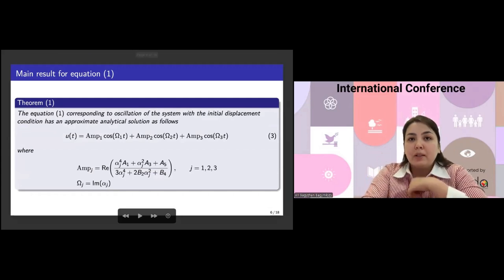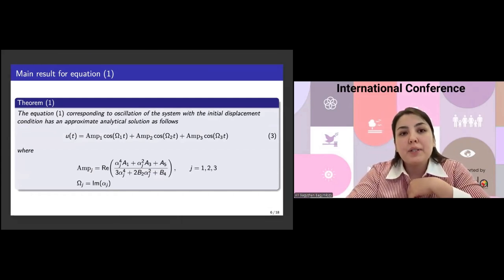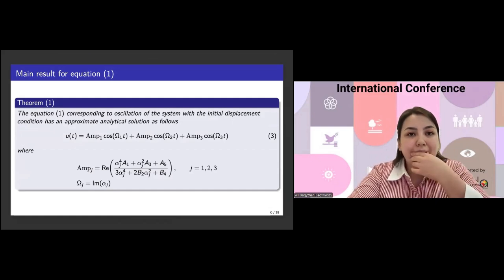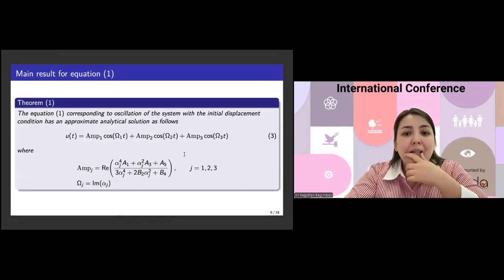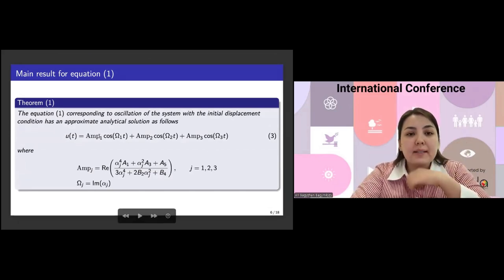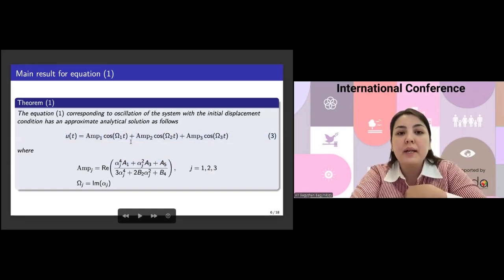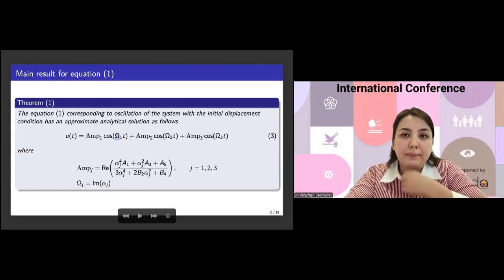So here, let me share our main results. This is the first result, for the conical tip case, when the AFM indentation has a conical tip. Here this is our solution with cosine terms, where the amplitude and omega mean the frequency.